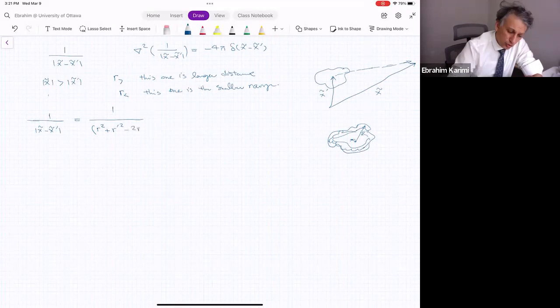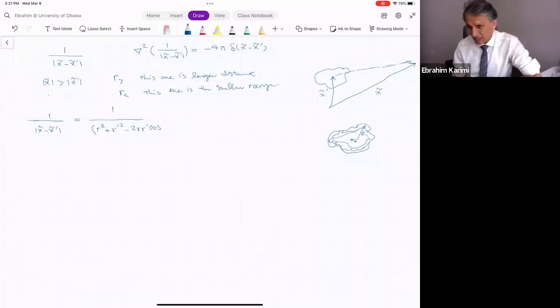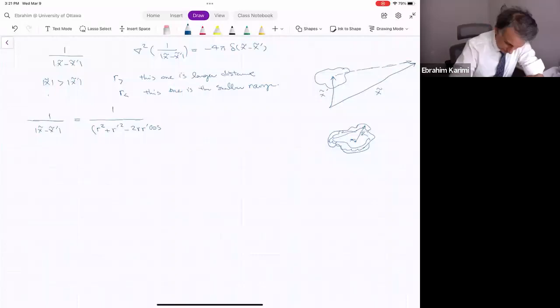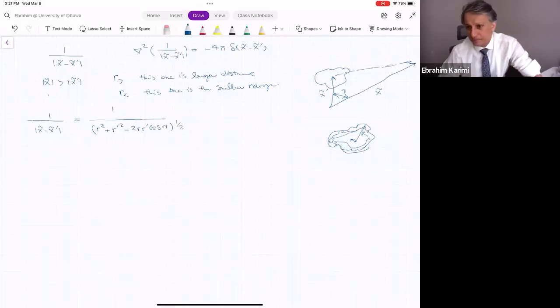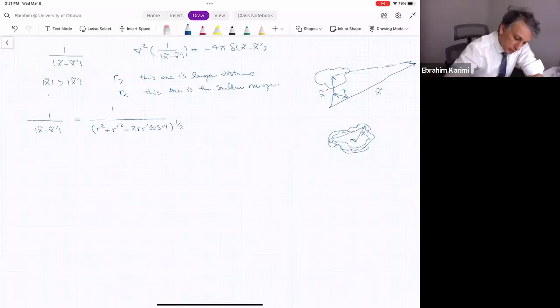Minus 2 r r prime cosine of the angle between the two vectors, which in this case is gamma, cosine of gamma, all to the power of 1/2. Do you agree with that? Agreed, guys? Okay, perfect.